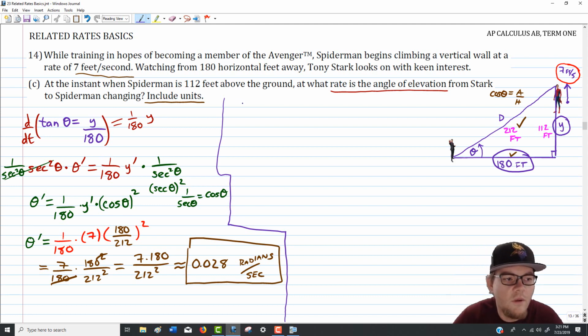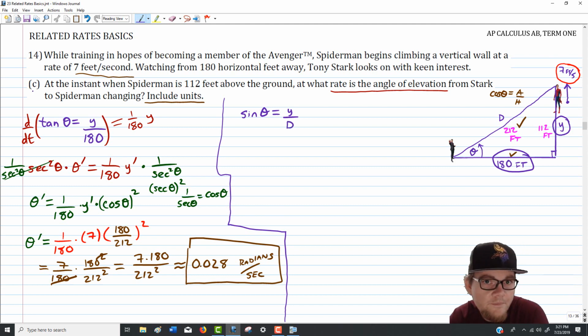So for instance, consider this one. A really common starting point, because it's the first trig function you learn, is sine of theta. And in our particular problem, using those values that are changing, sine of theta is equal to y over d. So again, stick with me for a little bit here. If we want to differentiate sine of theta equals y over d, which looks completely different from our original one, you can see this might take a little bit of time, but we can do it.